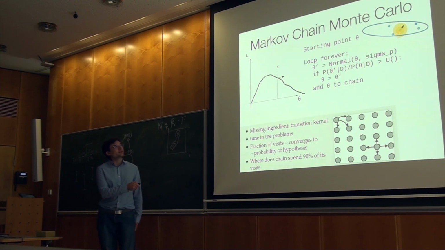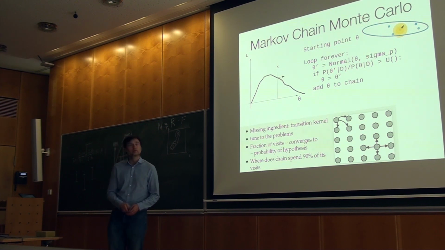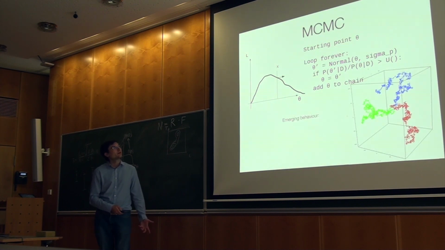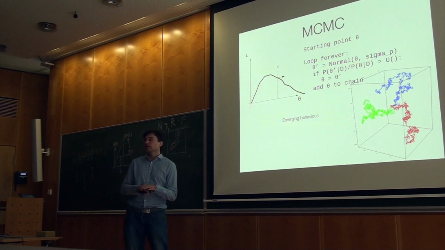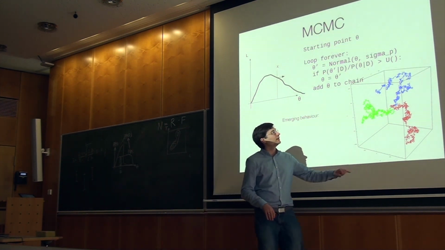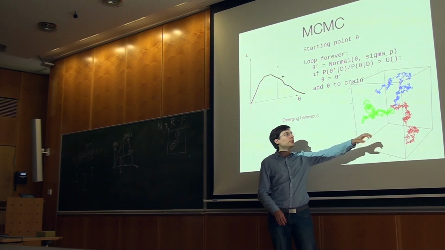The missing ingredient is how you jump in that proposal. And that you have to put in, and that differentiates many different Markov chain Monte-Carlo MCMC algorithms. If you don't put any target distribution in, if you put in a flat distribution, this process makes a random walk.